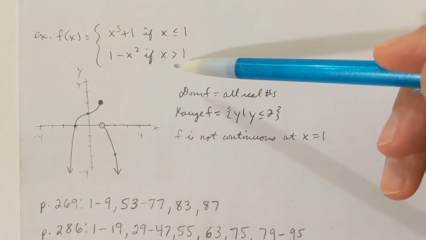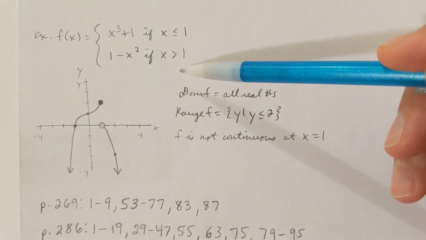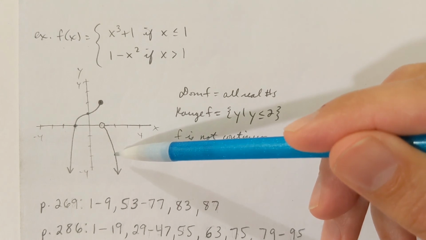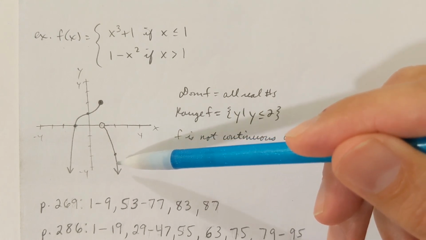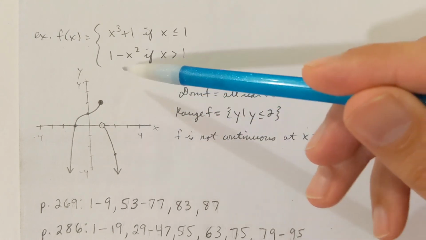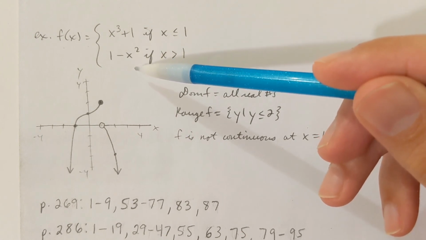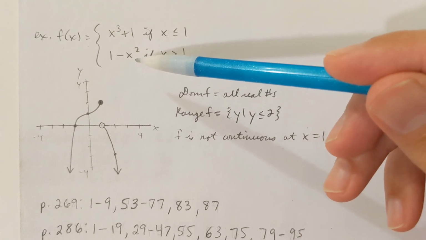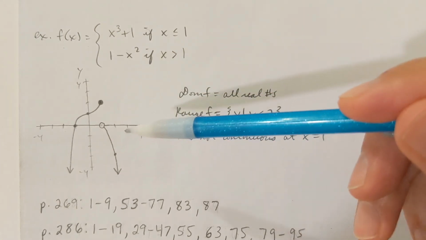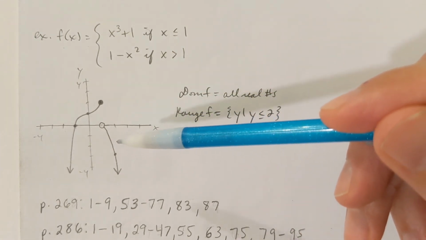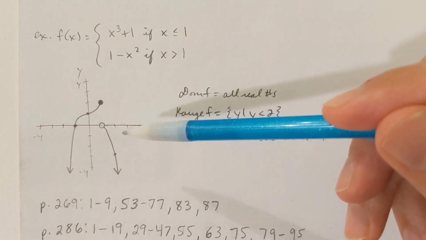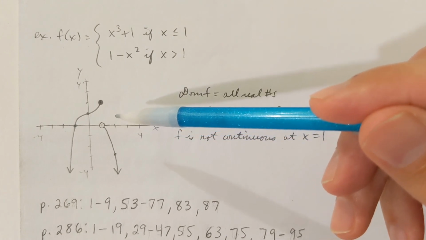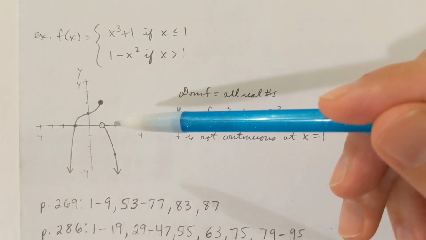I only want that part of the graph for when x is greater than 1. Well, here's 1. 2, negative 3 would be on the graph. 1 minus 4 is negative 3. And 2, negative 3 is on the graph. X is strictly greater than 1, so I'd want an open circle there at 1, 0.